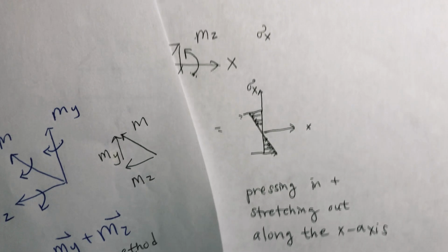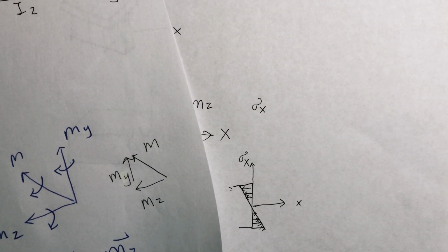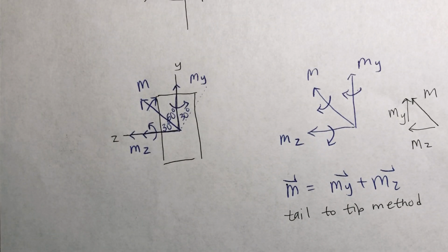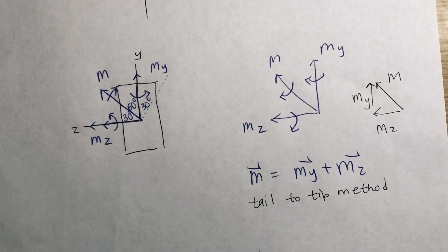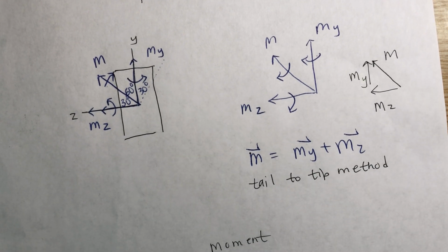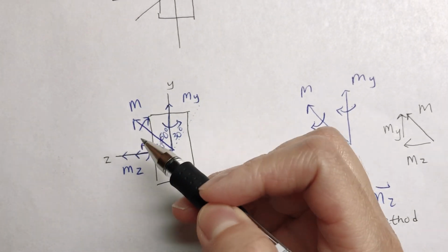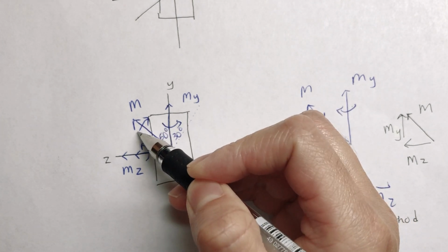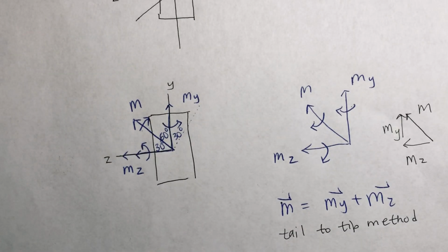Okay, so let's turn to slide 16. When you break up the moments, make sure again that the arrows point in the same direction. Make sure the moment is spinning in the same direction.